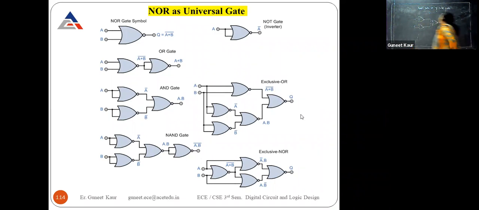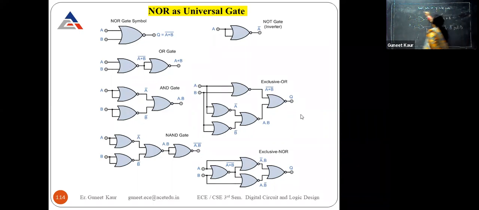So this is A, this is B. Now you know that here you will get A bar, here you will get B bar. So now here you will get (A bar plus B bar) whole bar. Now apply De Morgan: A double bar, change the sign, dot B double bar. This will give you AB. So you have derived your AND gate using NOR gate only.